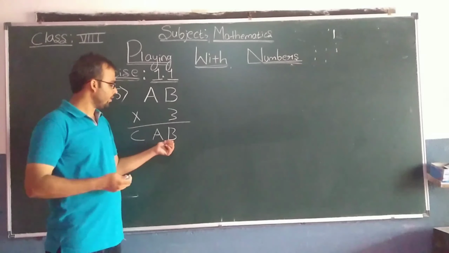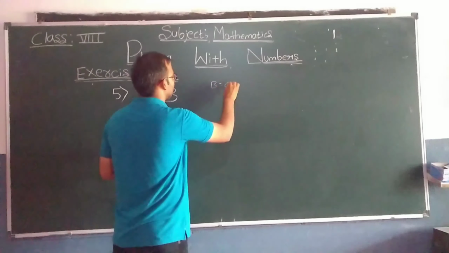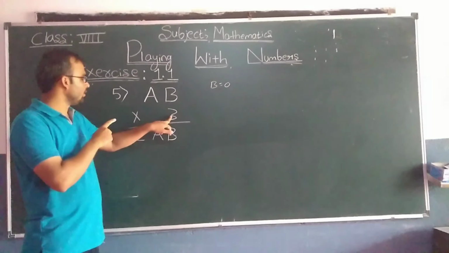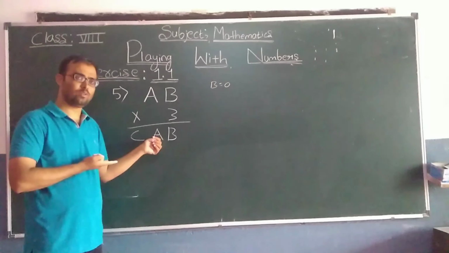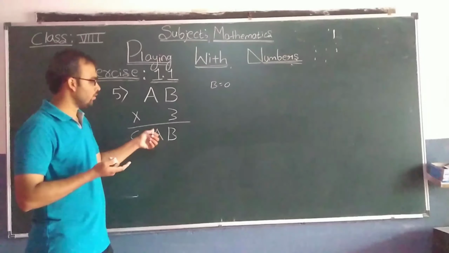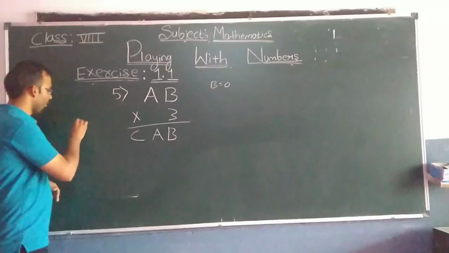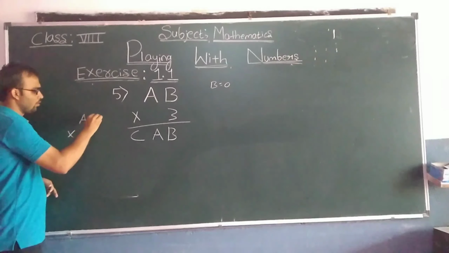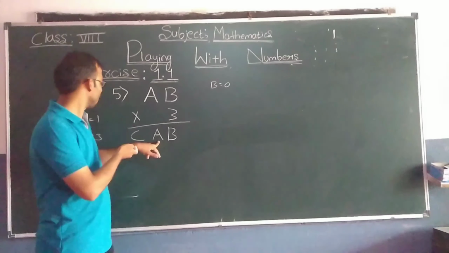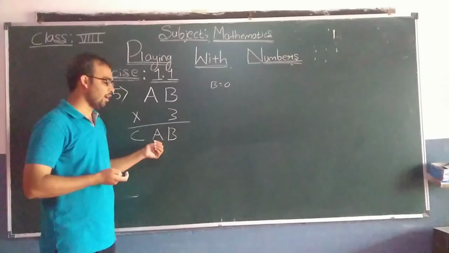For this kind of problem, let us start from the minimum value to the maximum value. So let us assume b as 0. Now when we multiply a with 3, we have to get a only.